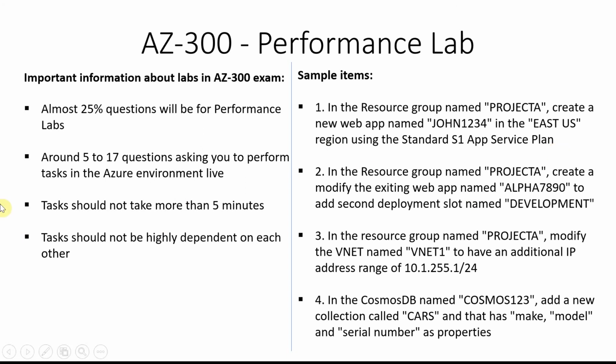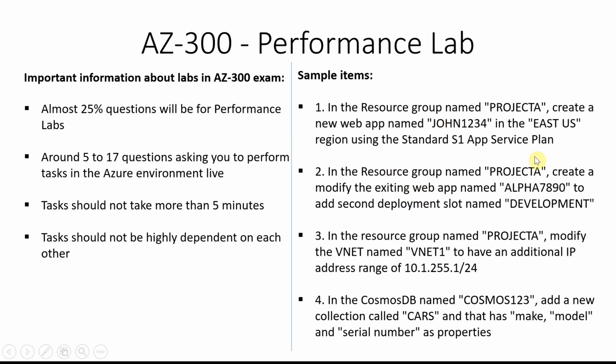When you open the console, you will already see this resource group that is already created, and this web app may also already be there. It depends on the prerequisites. Most of them will already be defined for you in the console. So you just need to focus on the activity that is given to you. Whatever question they are asking, you have to implement that. So that is about this lab.